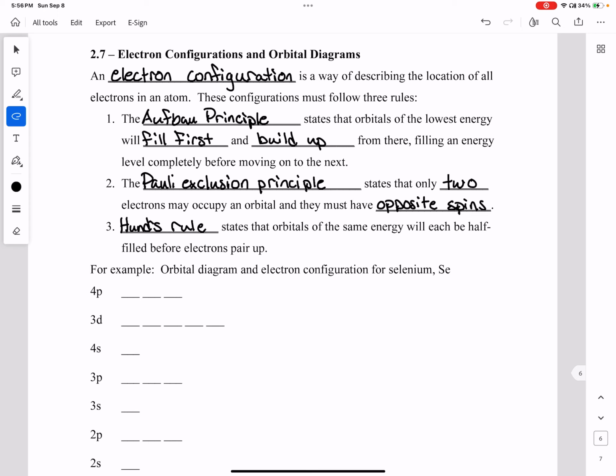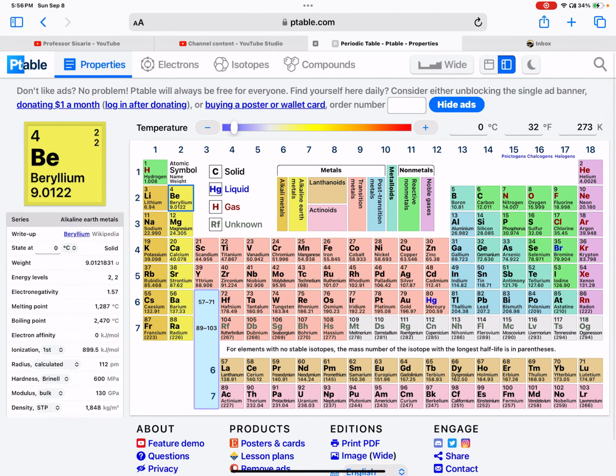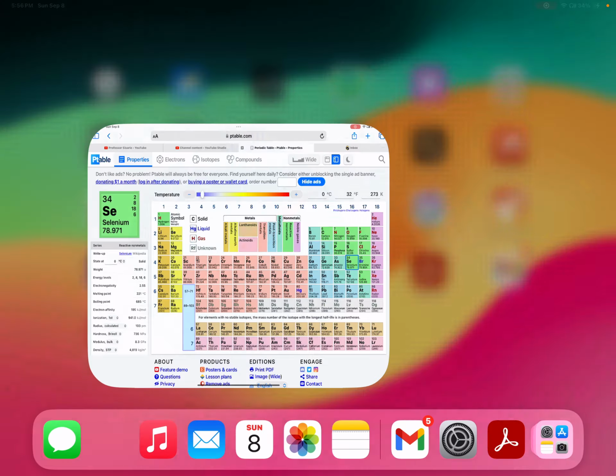So we're going to make the orbital diagram and electron configuration for selenium. So let's look at that on the periodic table for just a second. So selenium is number 34. It's a nonmetal. And so a neutral selenium is going to have 34 electrons.